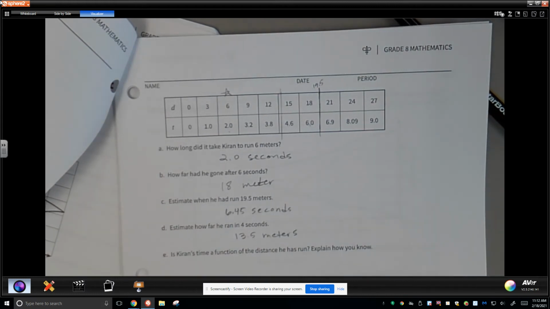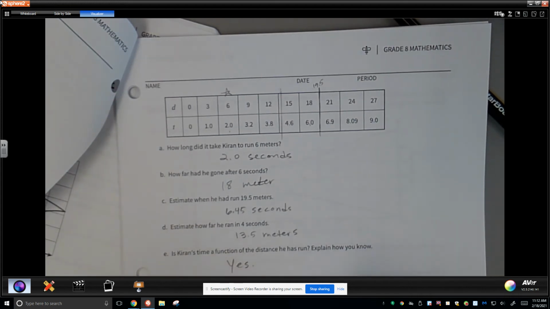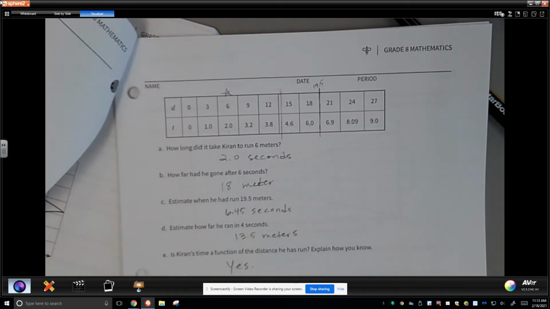Is Karen's time a function of the distance that he ran? Yes, it is. The reason that it's a function of the distance in this case is because everything is running at a rate that's not going to repeat any input values. The distance is a direct output of the time that he spent running.